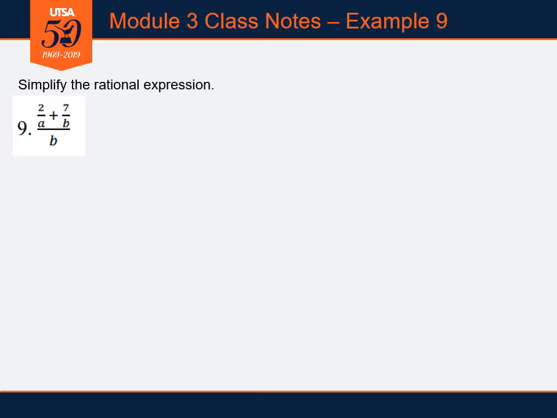One way to work this problem is to go according to order of operations, which is never a bad idea, and first add the two fractions in the numerator since those are grouped together. Then worry about dividing the results by b. If you're interested in seeing that approach, I'd be more than happy to show you in one of the live sessions, or the tutors in the virtual tutoring lab can show you as well.